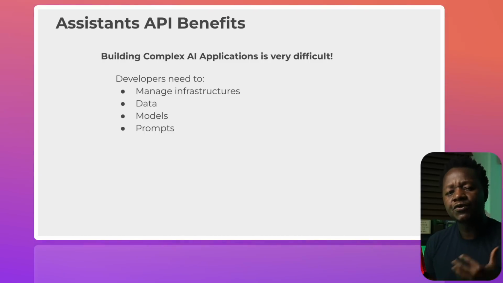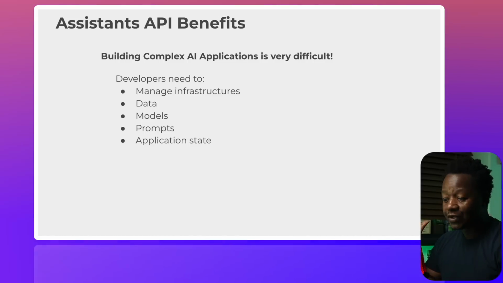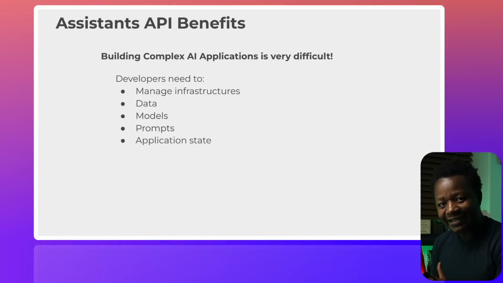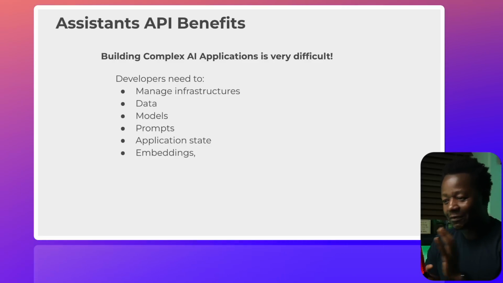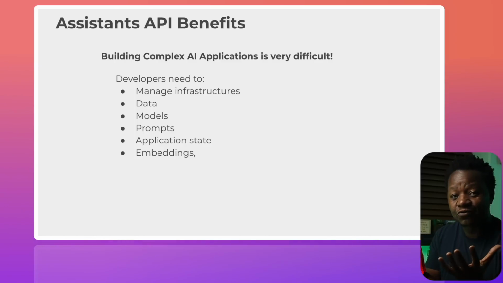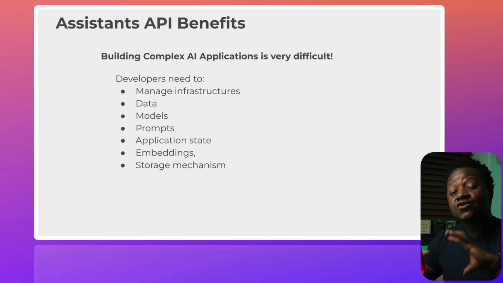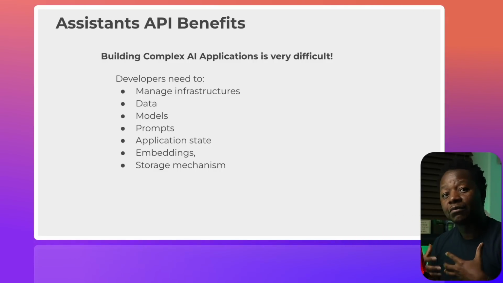They have to learn how to craft the best prompts possible in order to communicate with these large language models. And they also need to keep track of the application state, understand embeddings, which is something totally different, but it is part of this realm of AI and large language models, and understand the storage mechanism, right? How do we upload files?